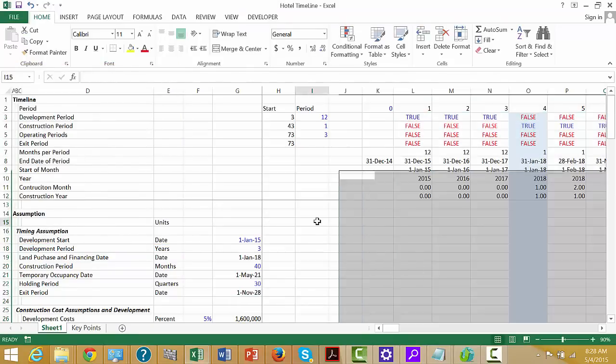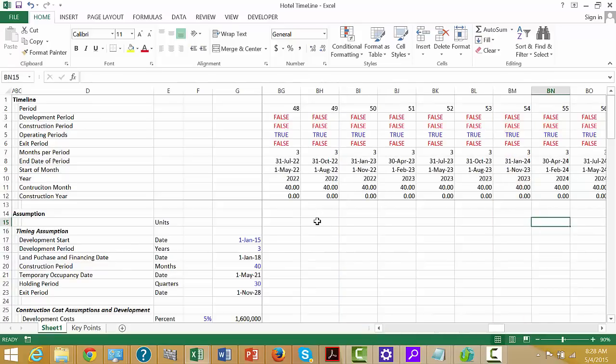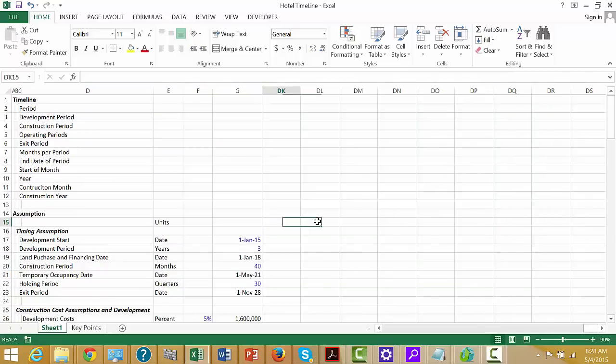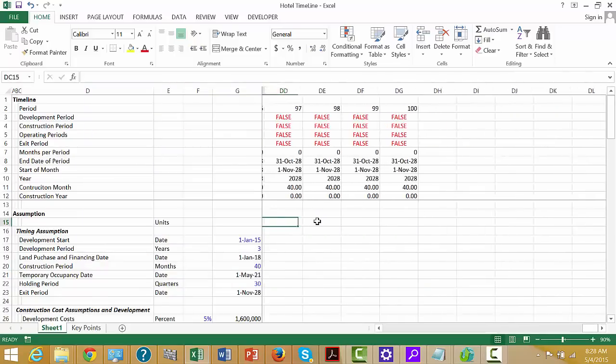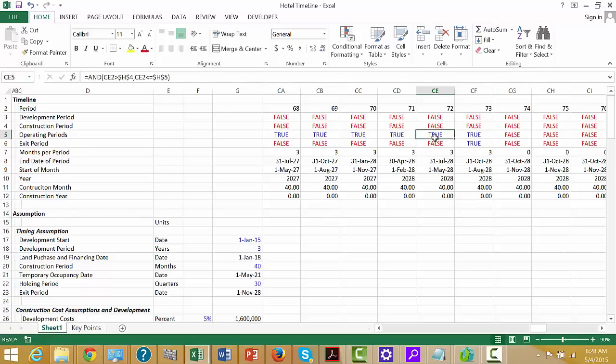And then we can see this is when we start. This is when we have our period for the construction. Uh-oh. Start date. Oh, I have a little bit of an error here.